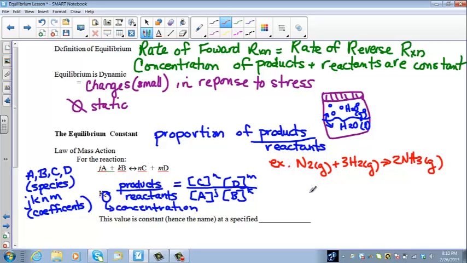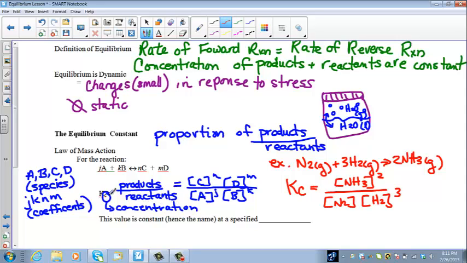If I asked you to set that up and write an equilibrium expression for what was happening in this reaction, you would write Kc equals, remember it's products over reactants, so I've got the concentration of NH3 to the second power, because the coefficients are our exponents, over the concentration of N2, no exponent, times the concentration of H2 to the third power.